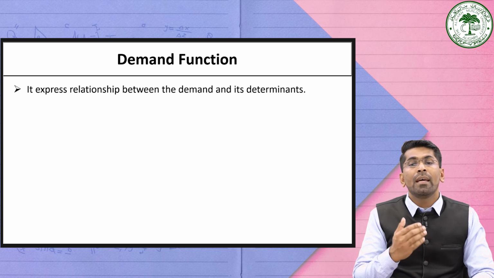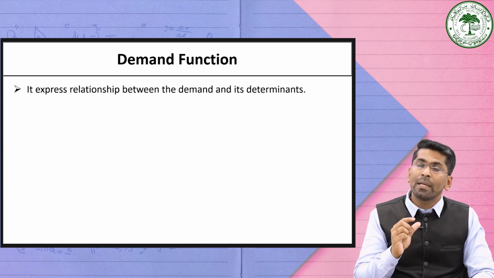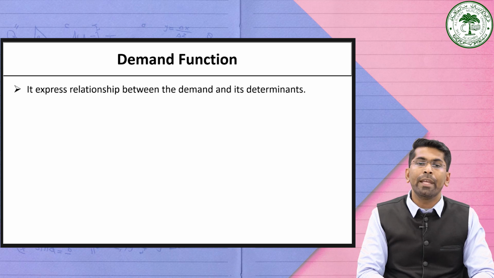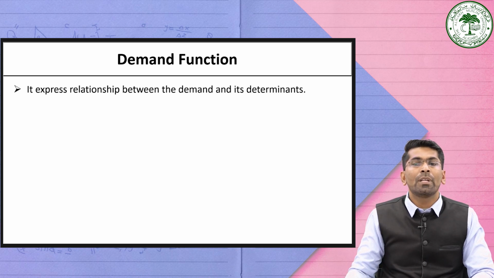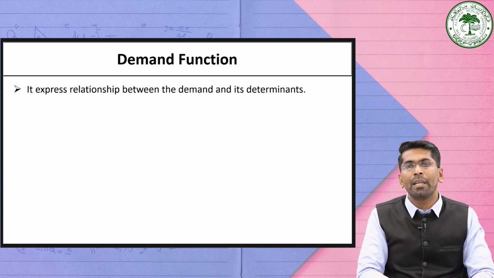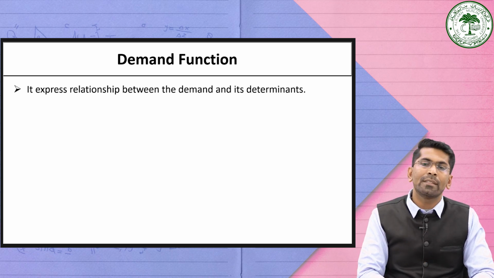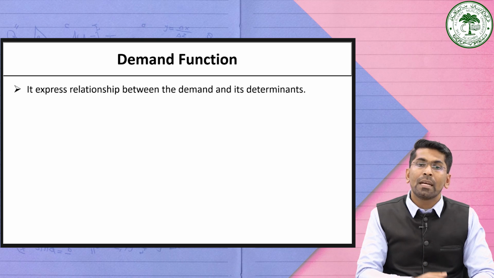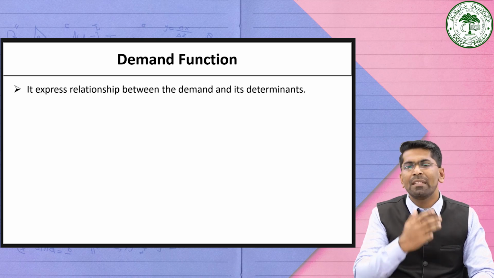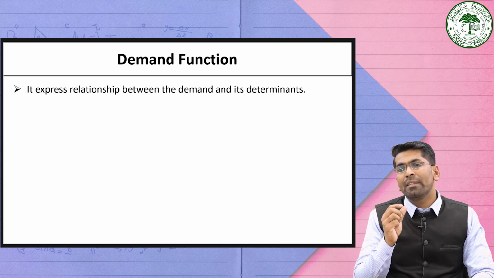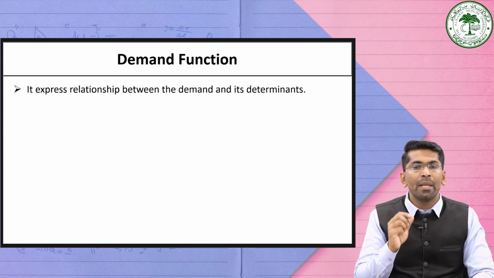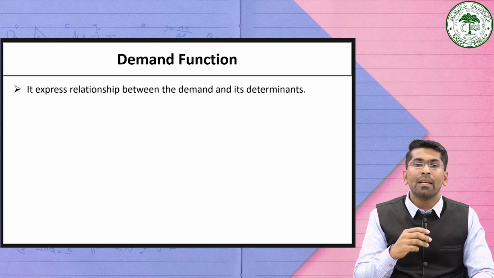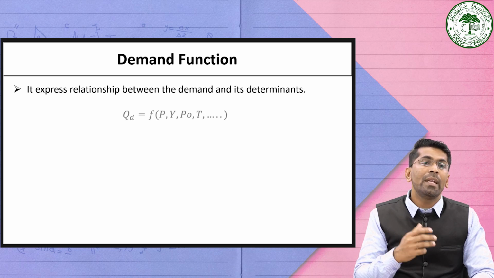And we know that there are many factors that affect the quantity demanded of a particular commodity, such as the most important factor, that is the price of the commodity, income of the consumer, price of related commodities, tastes and preferences of the consumer, expectations about the future, climate change, government policies, etc. Therefore, we can write this relationship in a mathematical format.